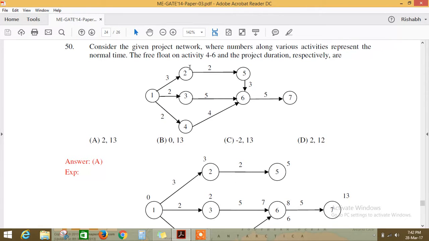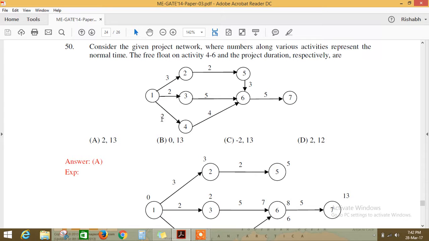If we go 1 2 5 6 7 in this way, then we should check which is the longest path. So 3 plus 2 is 5 and 5 plus 3 is 8 and 8 plus 5 is 13. I checked 1 2 5 6 7 in this way.